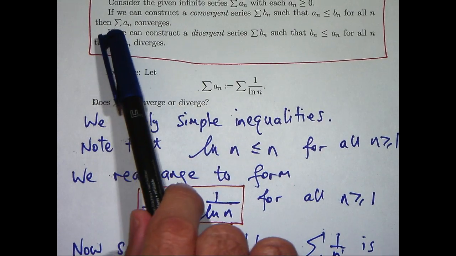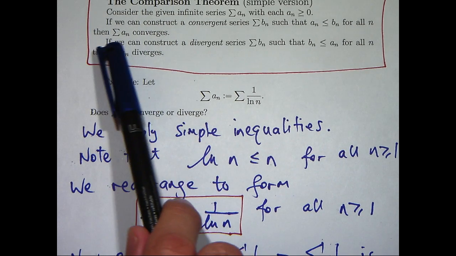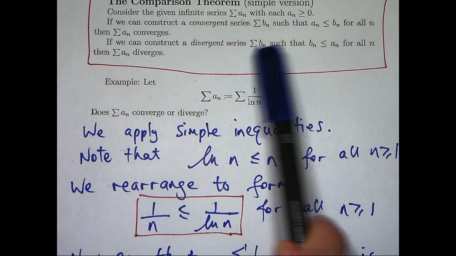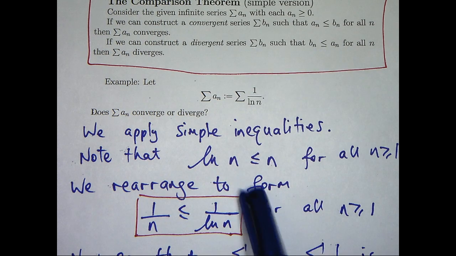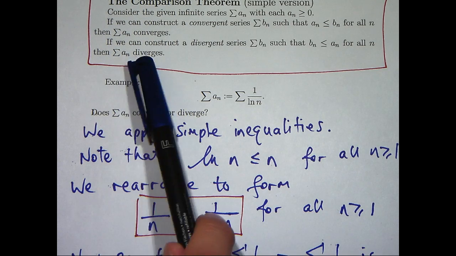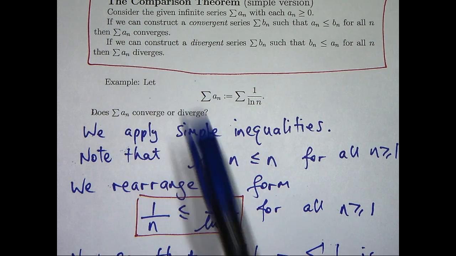So if we go back to the second part of our comparison theorem, we have constructed a divergent series, sigma 1 on n, such that 1 on n is less than or equal to 1 on log n for all n. And then we can conclude that our original series must diverge.